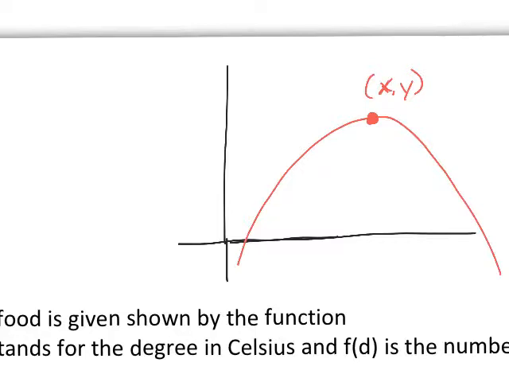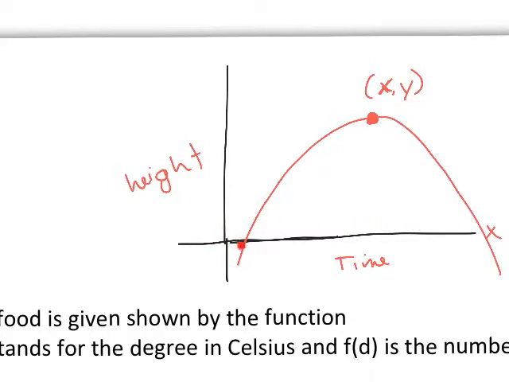So let's just say, for example, in just this little diagram, we're talking time and height. If we're talking time and height, this is my x-axis here, this would be the time.